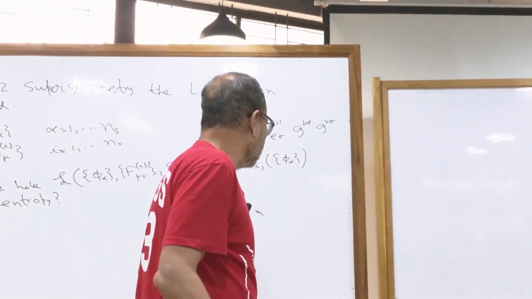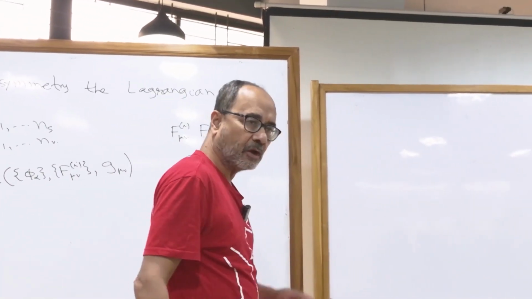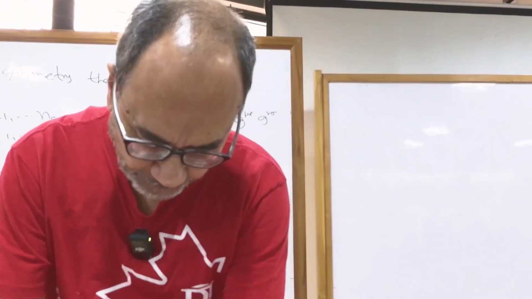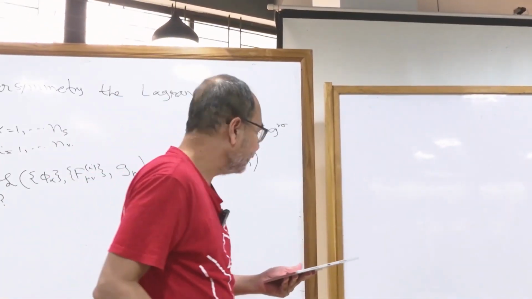Okay. So, to see this you have to go back to Reissner-Nordstrom and study some properties in the extremal limit, that simplifies the analysis.